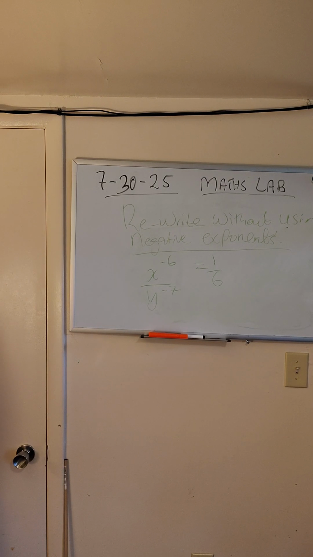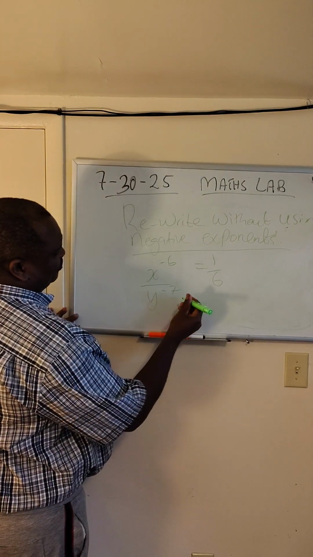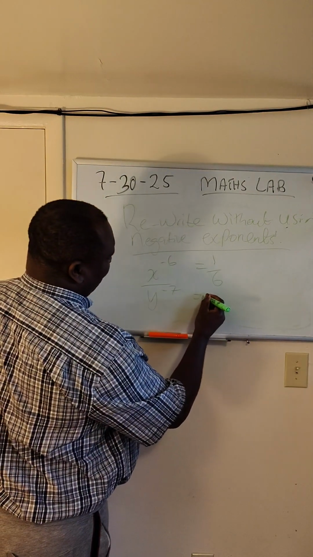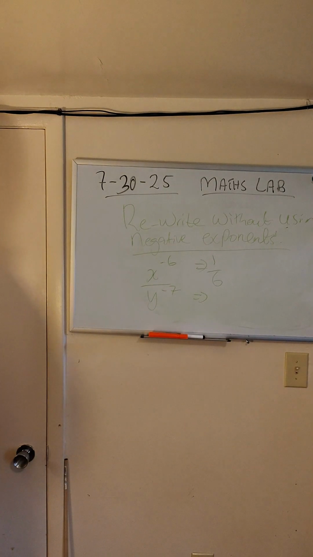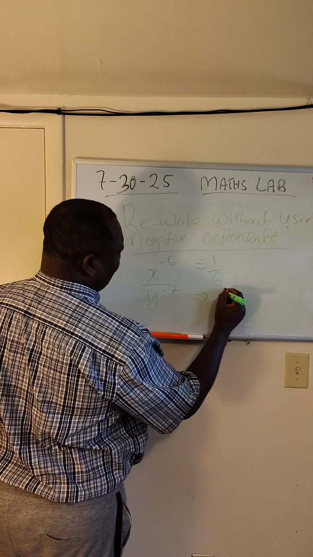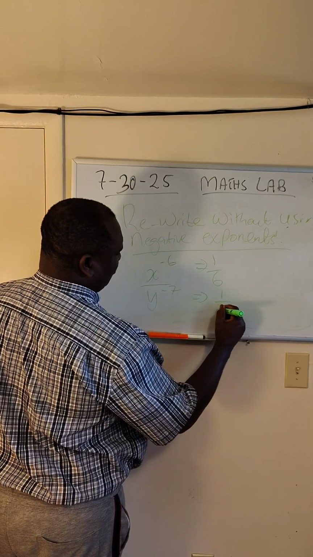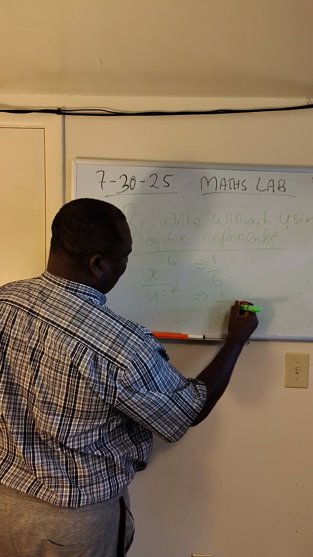And then this y raised to the power of negative 7 becomes 1 over y raised to the power of 7.